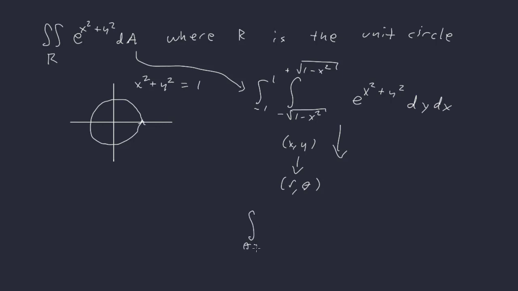I want to get the whole unit circle, so I want theta to go from 0 all the way around to 2 pi.